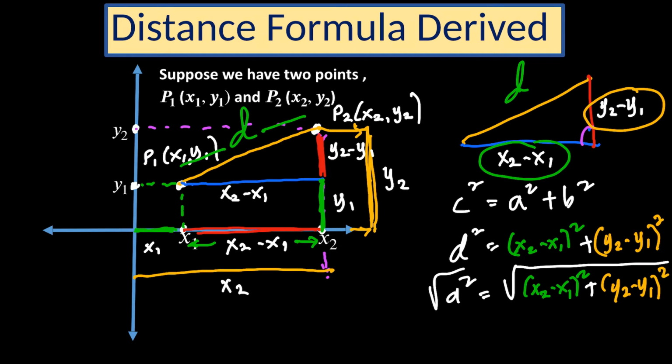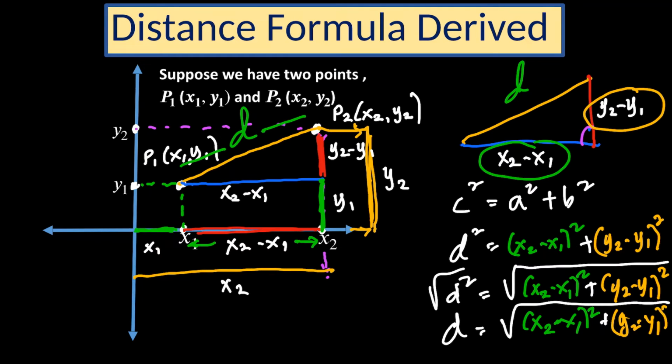The square root of D squared is D, and so we are left with D equals the square root of x sub 2 minus x sub 1 squared plus y sub 2 minus y sub 1 squared. And this is the distance formula.